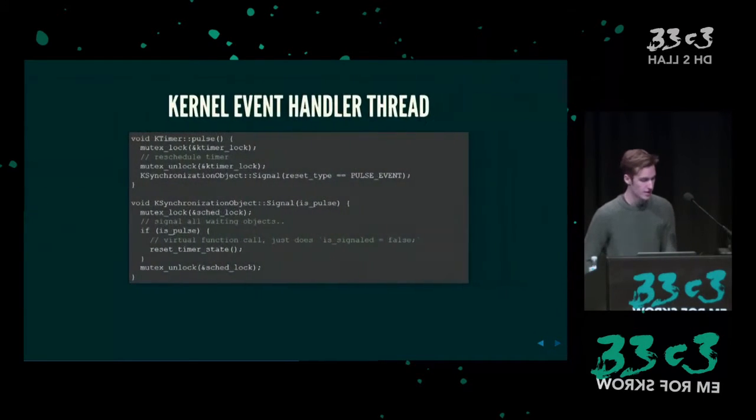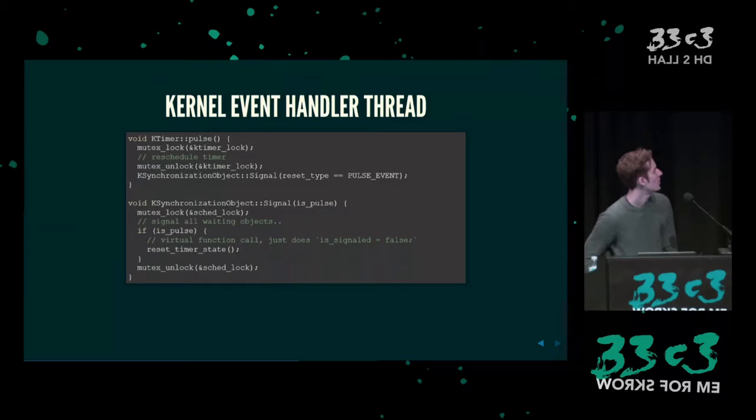So I looked at how they did the pulse, every second, whatever, and what's actually getting executed when it pulses. If you look here, they do some pretty good locking, and then they signal. When they signal, they go through and everyone that was waiting gets rescheduled, made runnable.